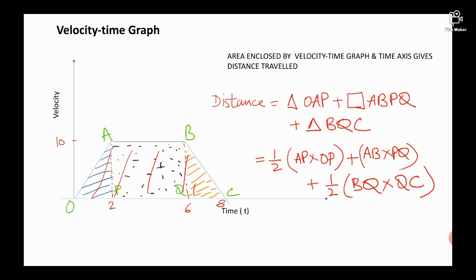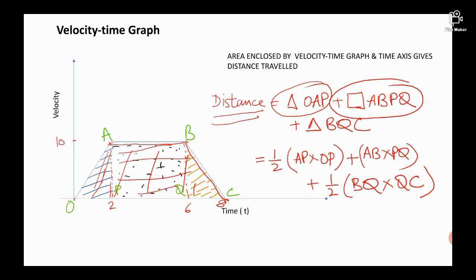Here an object travels from position O to A to B and then to C. We can find the total distance by finding the area of the triangle OAP, plus the area of the rectangle ABPQ, plus the area of the triangle BQC.